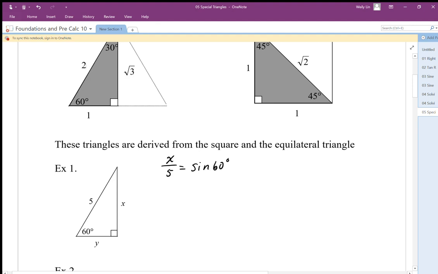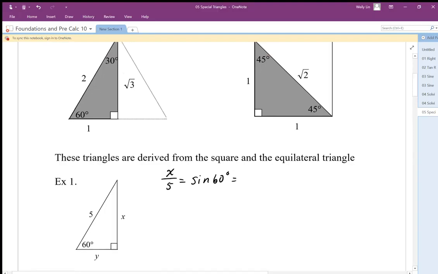If you're not familiar with these triangles, you're going to have to get familiar with them, because these are going to have to be known triangles. These become things that are known information, and we could always figure them out, but you should know these. If I look at the opposite to hypotenuse ratio on the known triangle, it's going to be root 3 to 2.